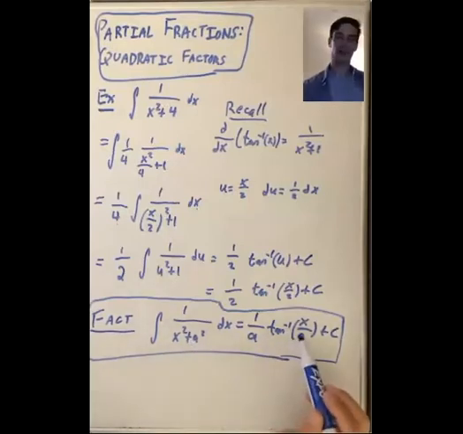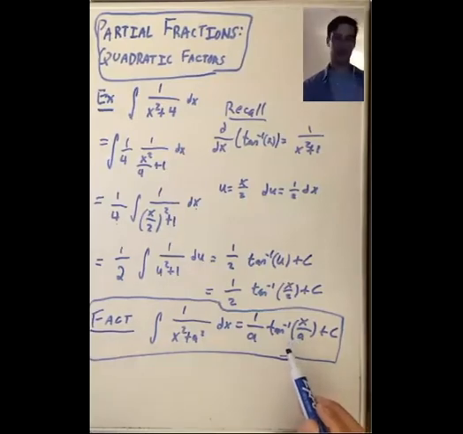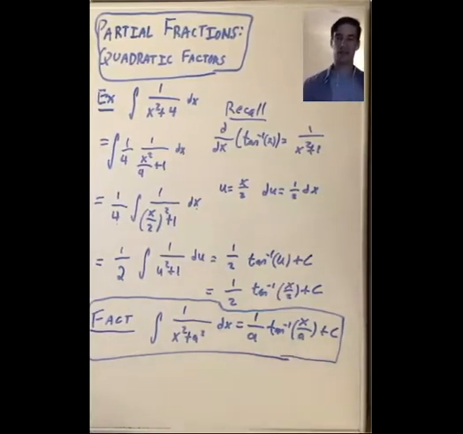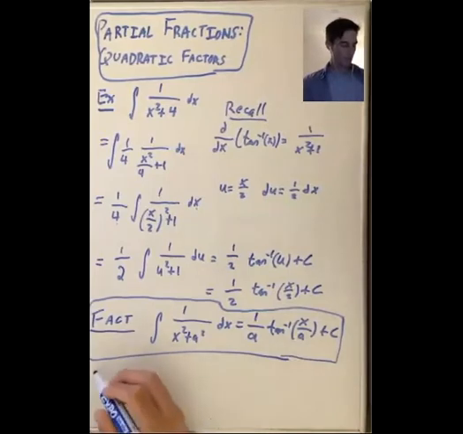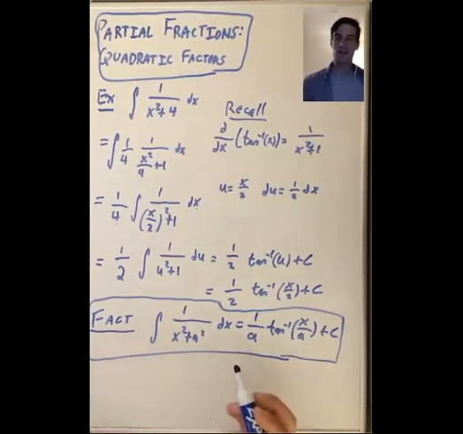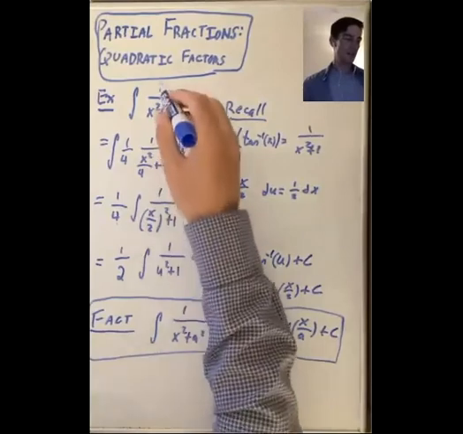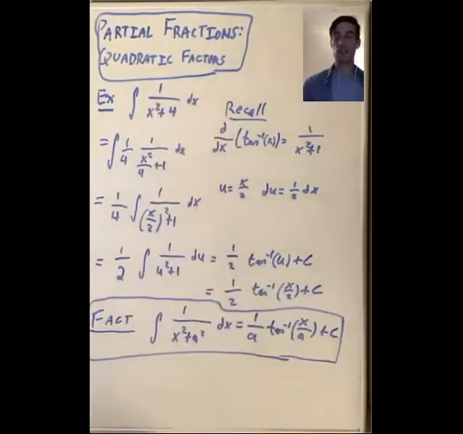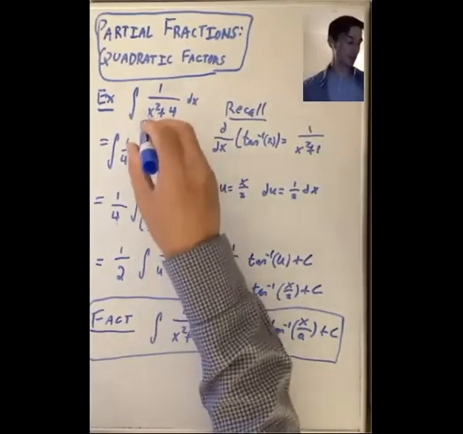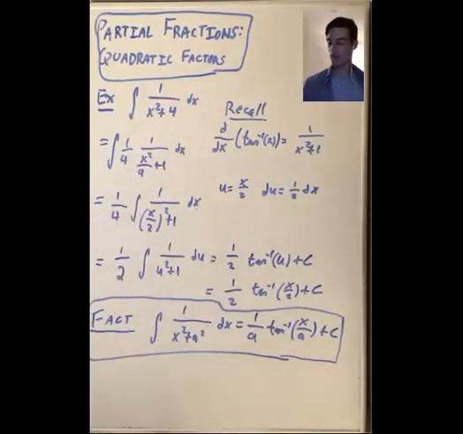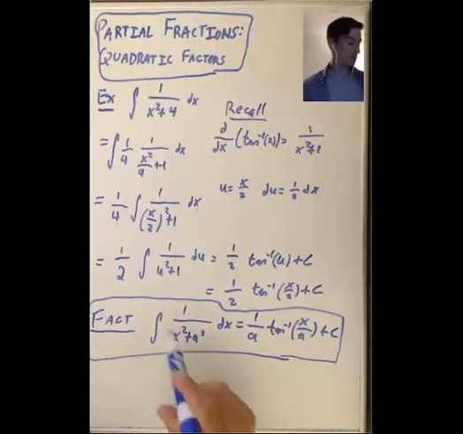So it's not all that surprising that you get an arctan that shows up here. But I won't go through the details of that. So why did I spend all this time talking about this? Well, this tells us how to integrate a bunch of rational functions, the ones where the denominator looks like x squared plus a squared. Okay, so I'm going to pause and erase and then start with another example of integration by partial fractions where we're going to use this fact.